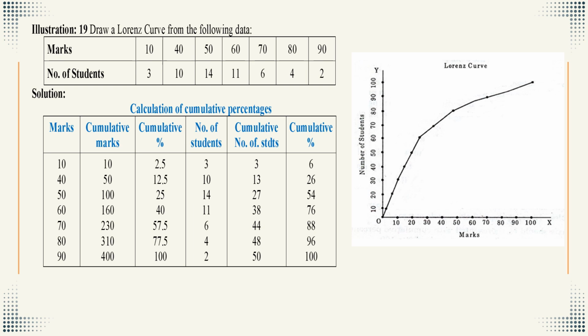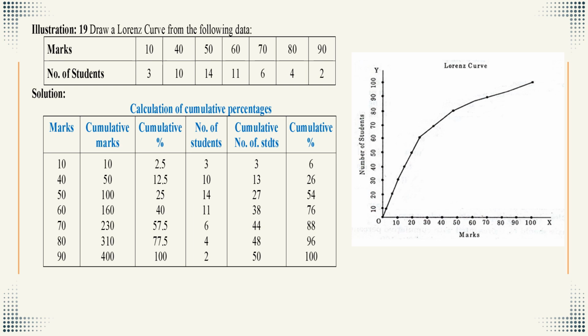In the fourth column you can take the number of students. Then 10, cumulative marks 10 plus 40, 50, 50 plus 50, 100, 100 plus 60, 160, 160 plus 70, 230, 230 plus 80, 310, 310 plus 90, 400. Then cumulative percentage should be calculated.